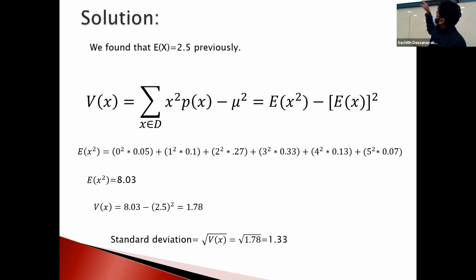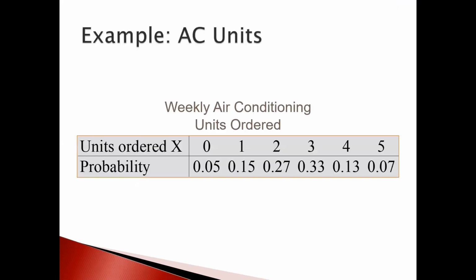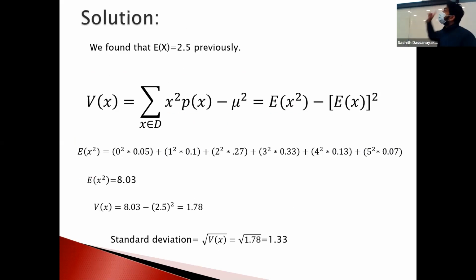But remember, the whole sum has a square. Clear? Anyhow, they have given this value. So the variance of X means the expected value of X squared minus the expected value of X, entire thing squared. Here, I think I missed something.